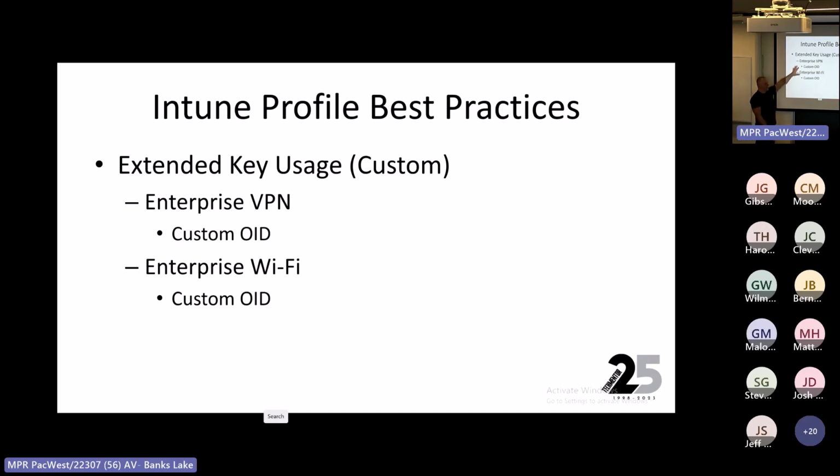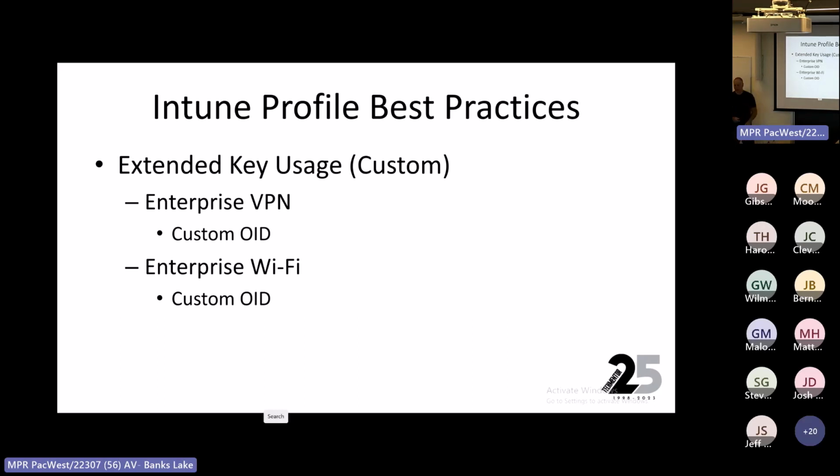Maybe everybody gets Wi-Fi, but only a subset of users get remote access. But if the Wi-Fi certificate would work for remote access, what am I doing, right? And so using custom application policies allows you as the administrator to more closely define that this certificate with client authentication must also include another policy on it that dictates it is only for VPN, and it cannot be used for Wi-Fi or authenticating to SCCM or something else.